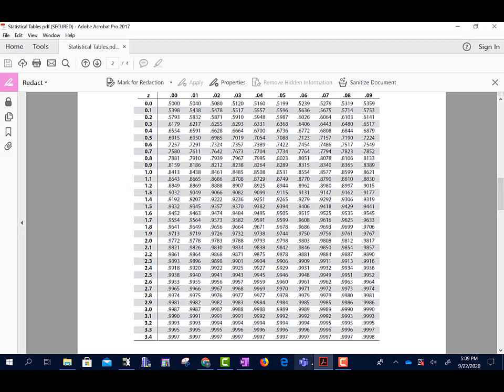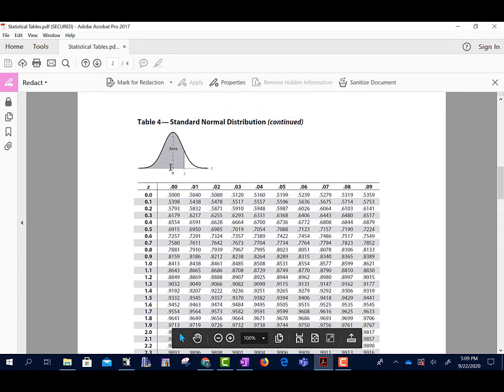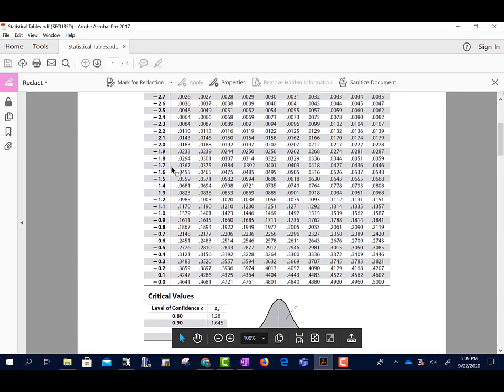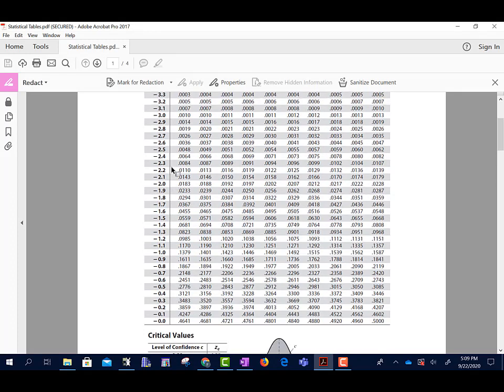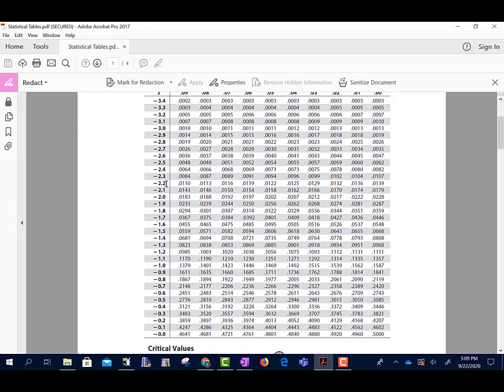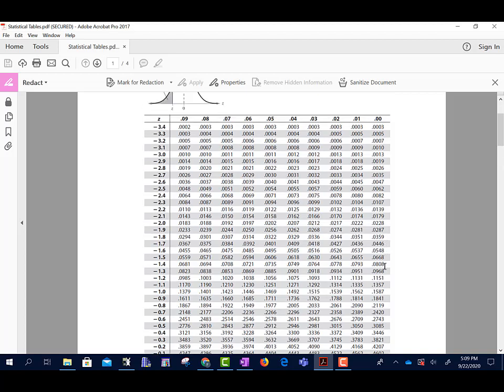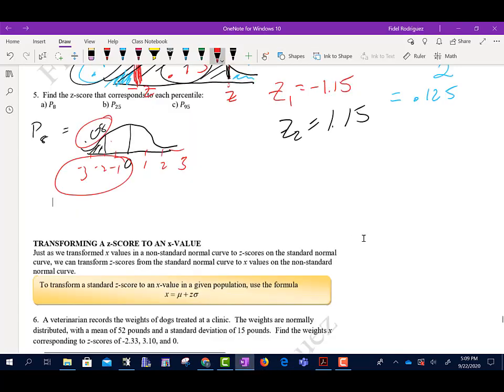So when I see this part right here, and these are all positive z-values, that's not going to be right. And I'm looking for when the area to the left is 0.08, right about here. So my guess would be about negative 1.4, right? That would be my guess. So my z-value, I would say, is about negative 1.4.